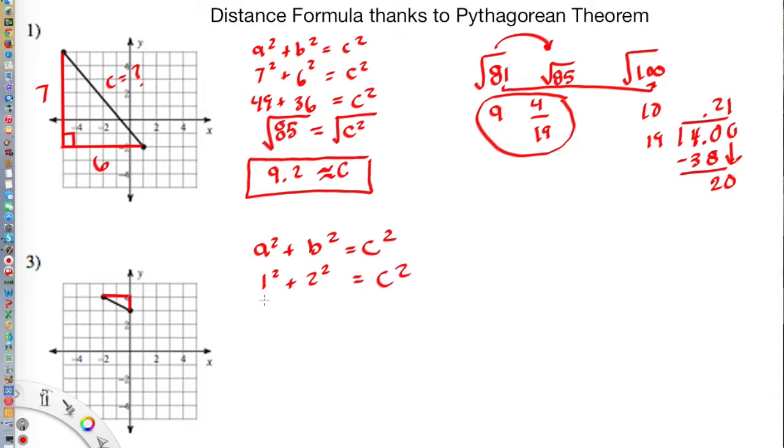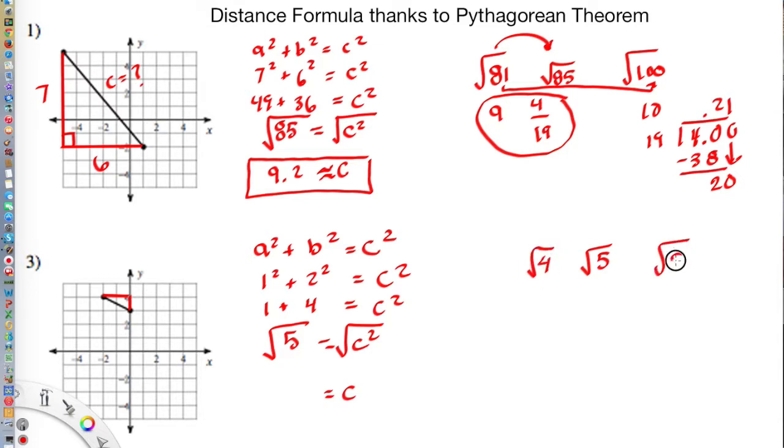So I would have 1 plus 4 is equal to C squared. So what I'm going to do is find the square root of 5, whatever the square root of 5 is. I know the square root of 5 is somewhere between the perfect square of 4 and 9, which is somewhere between 2 and 3.